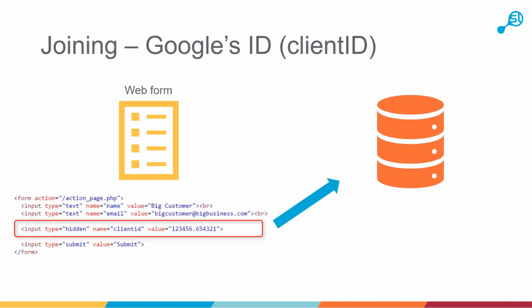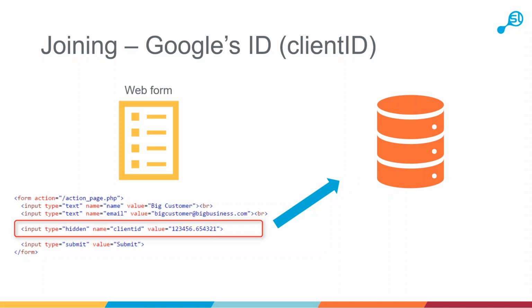So how do we join the client ID with the CRM system? Here we've got a normal web form, where you would have various fields such as name, email address, phone number. What we would do is create an additional field within the form. However, this field is not visible to the user.